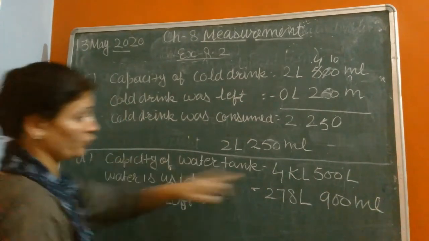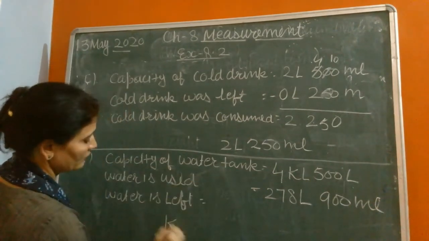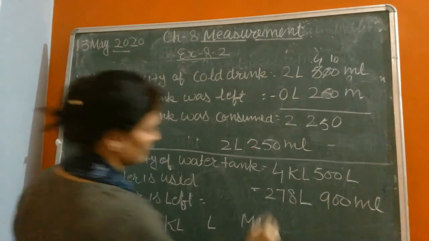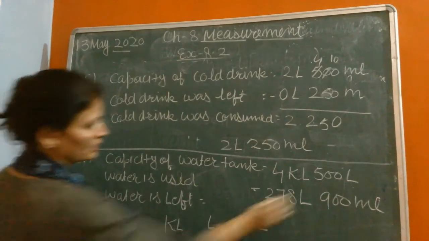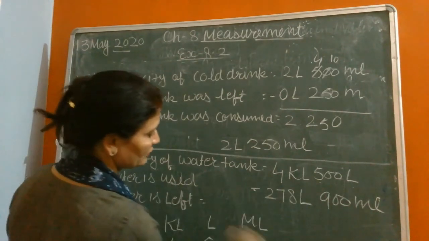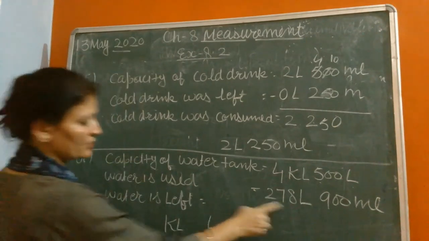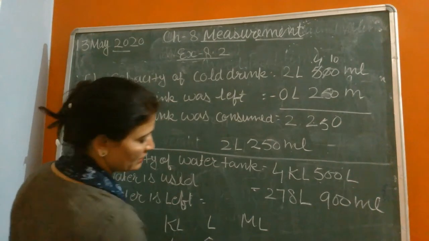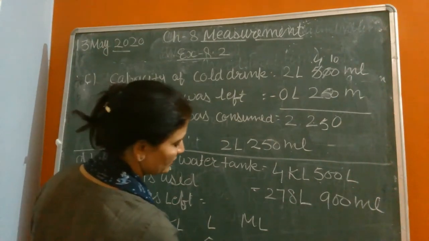Water left in the tank equal to, there is 4 kiloliter, we will put kiloliter, liter and milliliter. 4 kiloliter, 500 liter, milliliter is not here. 278 liter, 900 milliliter.